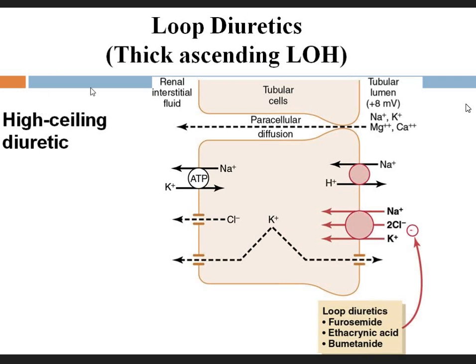They are also known as high ceiling diuretics because of their efficiency. They are very, very efficient. They block the most important channel in the tubules, the sodium potassium 2-chloride channel. Some of the names are given here if you want to remember, otherwise it's not that important.